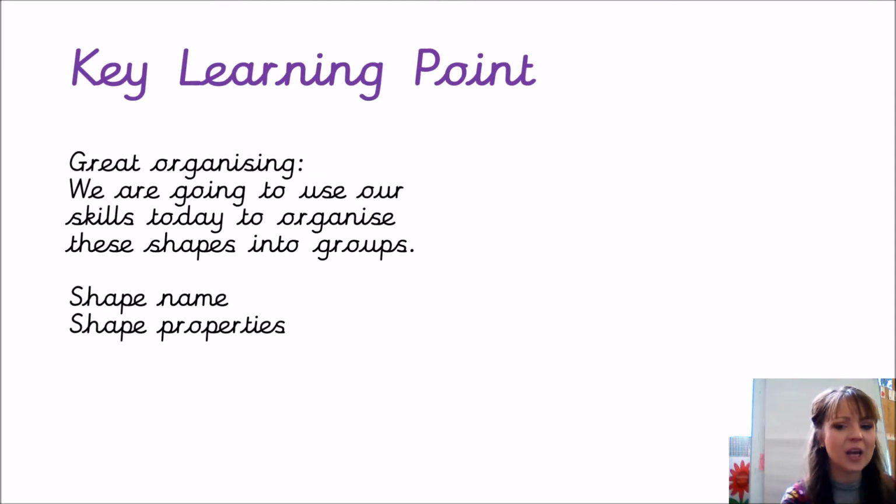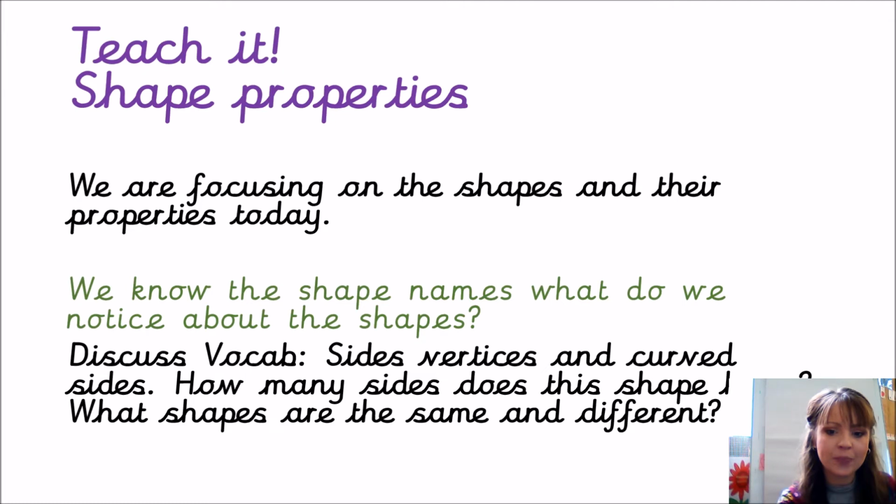Today we're going to use our skills to look at the way that shapes have been organised into groups. You're going to use the shape name and talk about some shape. We're going to look at what we notice about the shapes, and compare some similarities and differences between shapes.